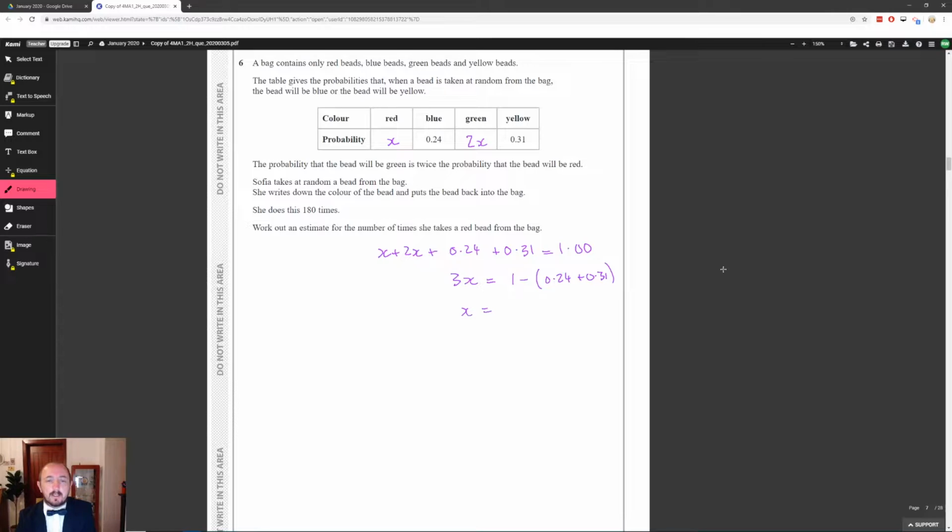So 0.24 plus 0.31 is 0.55, so 0.45 over 3 gives you x equals 0.15. So when we're looking at the colour red, we are doing 0.15 for red, and we're going to times that by 180 to give 27.